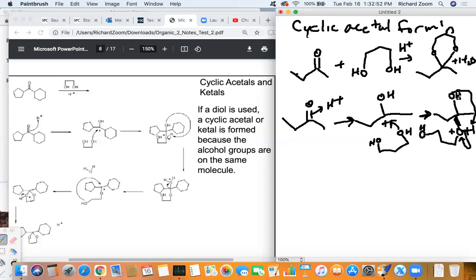So the O will join on to the H, and then the bond between the OH here will break and the positive charge will go away. It'll go on to the water up here.